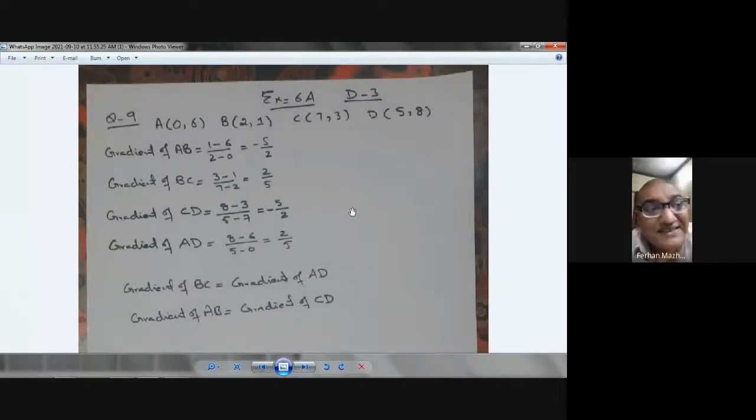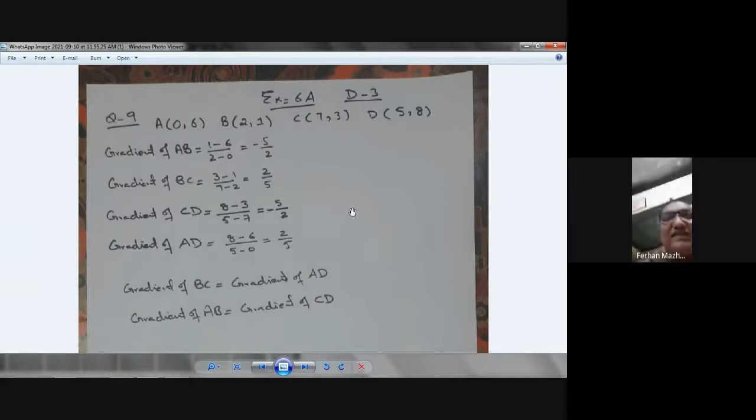Find the gradient of the BC using the points B and C. Find the gradient of CD by using the points C and D. Find the gradient of the AD by using the points A and D. So then you will get the gradients, and what you will observe is that the gradient of the BC is equal to the gradient of the AD, the gradient of the AB will be equal to the gradient of the CD. So the gradients of the opposite sides are equal to each other. So this is how we will do question number 9.